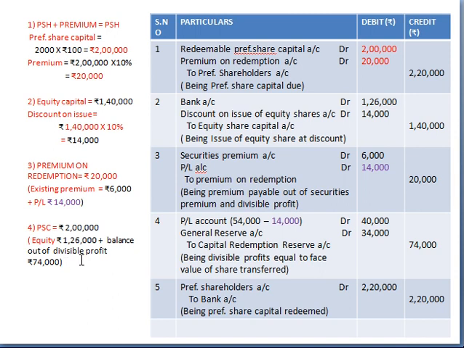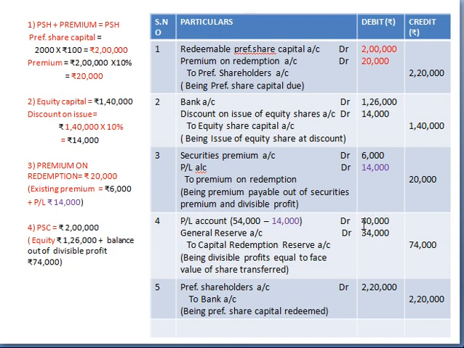So out of divisible profit, first use your profit and loss account. So profit and loss account debit. Now it is given that profit and loss account is 54,000, but already for premium purpose we utilized 14,000 rupees. So balance available is 40,000.